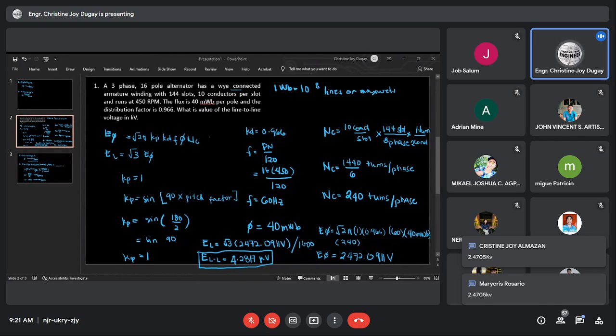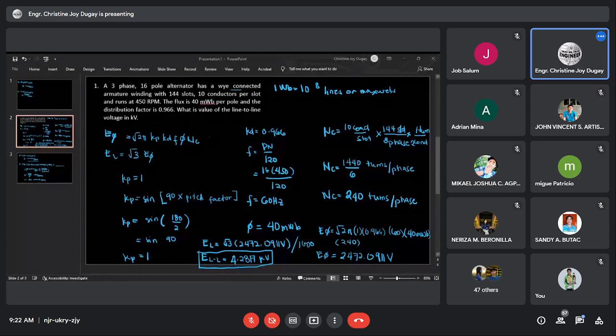Exact po ba yung 2.4705? Mahiram nga akong calculate. Ay, check mo nga pala. According to Salem, that is 2.470487. Okay? How about the others?